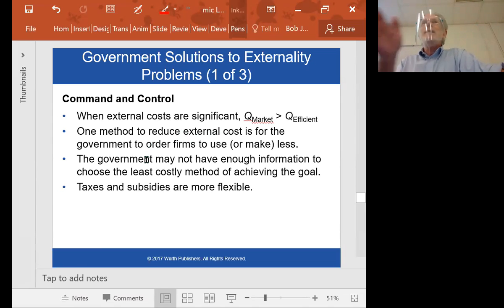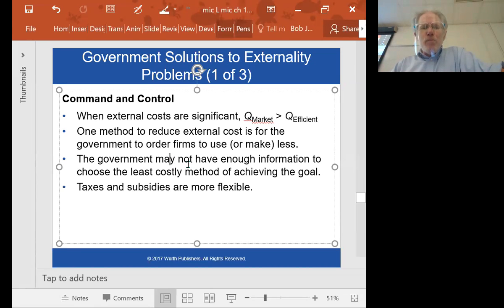So that will change the outcome. Okay? But generally, there's going to be a very high cost in doing that, partially because the government may not have enough information to choose the least costly method of achieving the goal. Okay? The book gives a really good, interesting example.